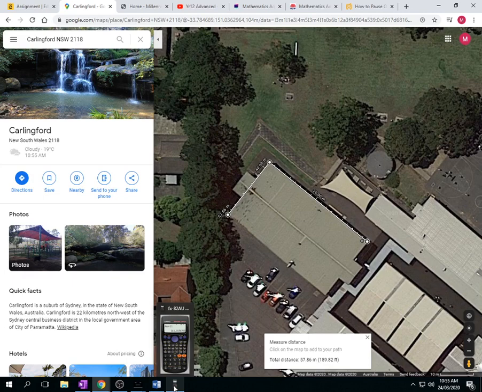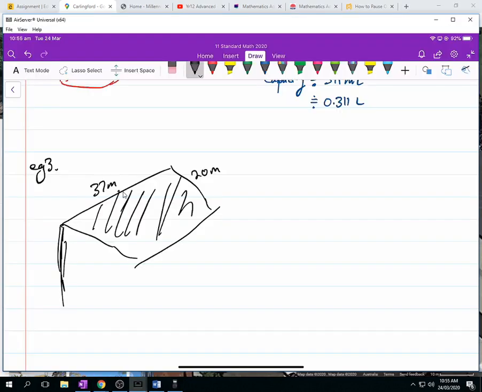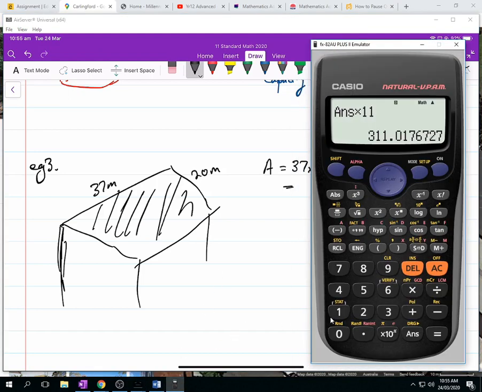Doesn't matter about the height, but that means the area is going to be 37 by 20, which is 740 square meters of area.